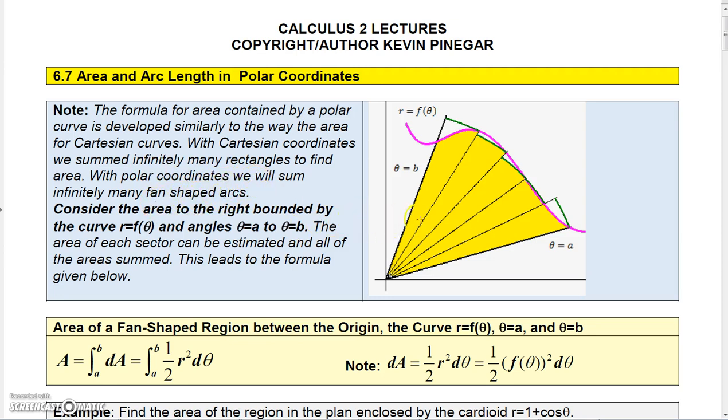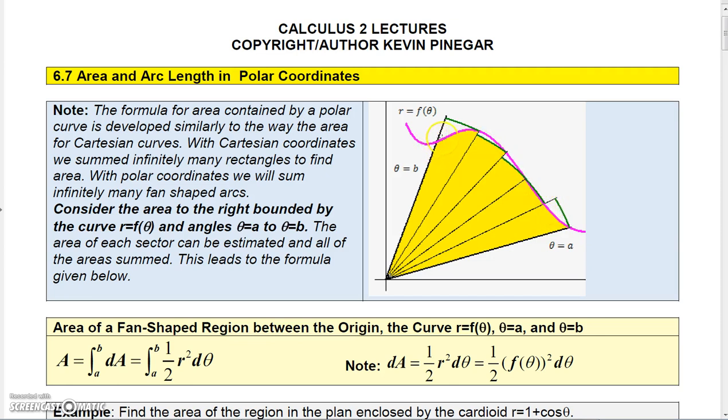But what we're going to do, if you look over here at this curve, if we want to find the area spanning from theta equal A to theta equal B of this curve, r equal f of theta, we divide that span of space into a bunch of little fan wedges.